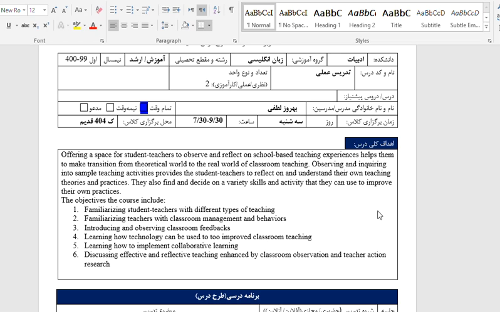But the other one, the concept of method, refers to actual teaching practices, actual actions taken by the teachers in real classes. So today in this course and other sessions, we are going to review, observe, and reflect on, and inquire into actual teaching practices.